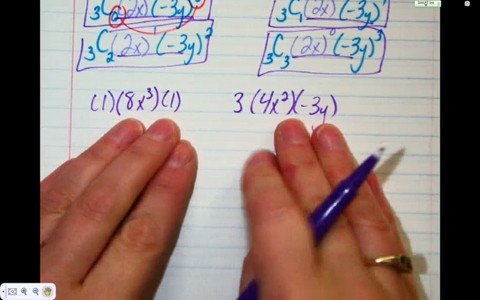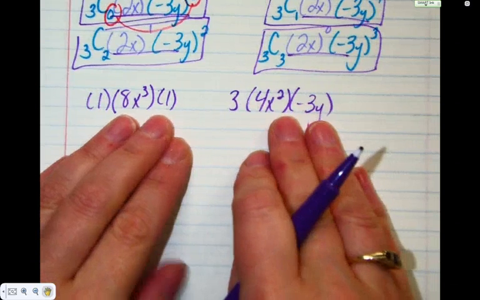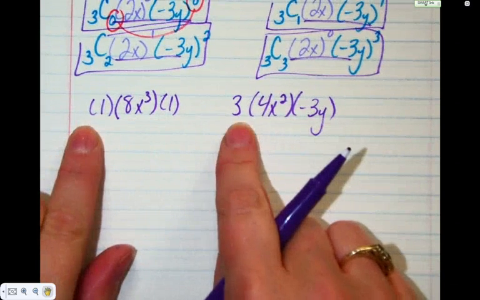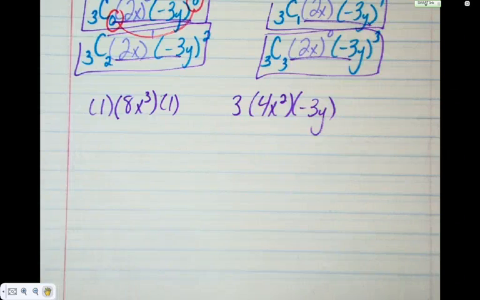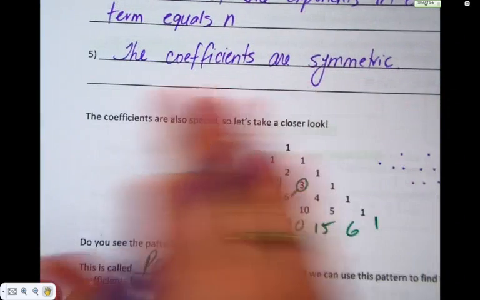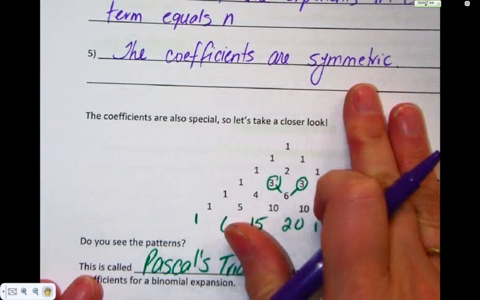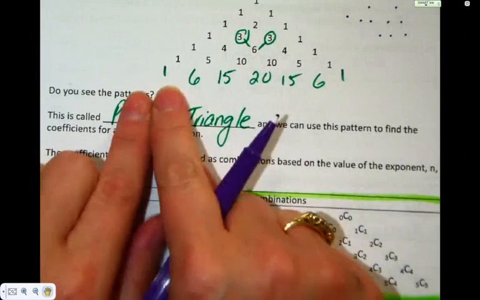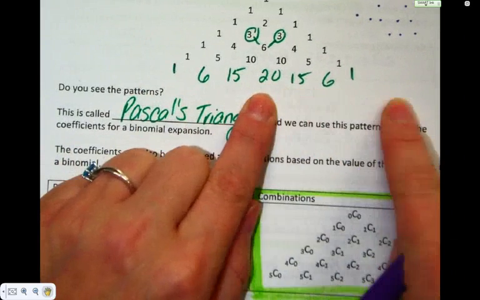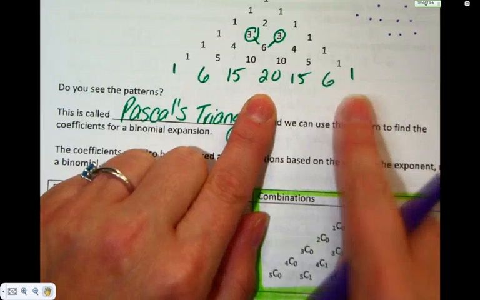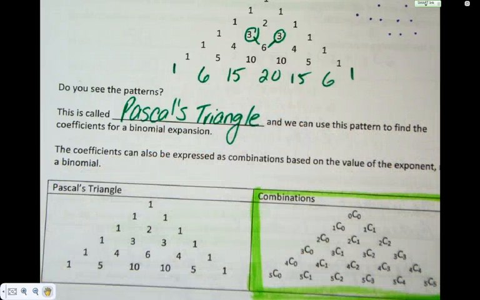Well, once you've come halfway, so we've done 2 out of the 4 terms, you've already calculated all the combinations that you need. Because what was our last pattern? They're symmetric. So once you've come halfway, we know that they just repeat themselves. And the third pattern we looked at yesterday is if the 2 r's add up to be n, they're the same.